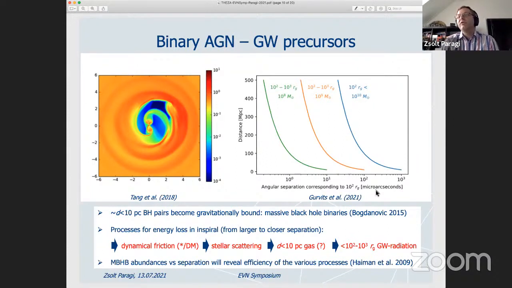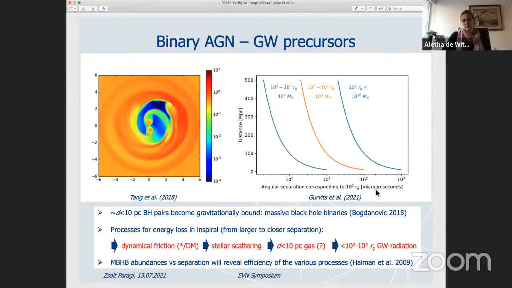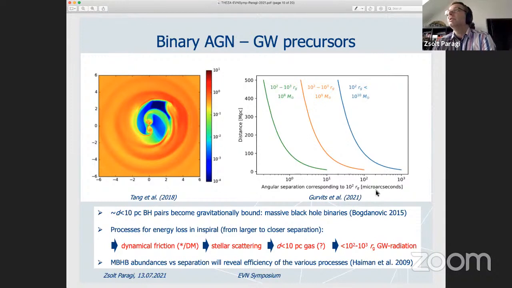And finally, at a few hundred to 1,000 Schwarzschild radii gravitational radiation starts to kick in. And that's the regime where we start to see gravitational waves with LISA. Now, this particular range could possibly be resolved with a space VLBI interferometer. And on the right-hand side, you see different lines for different mass ranges, and depending on the distance, what kind of resolution you would need to separate these black holes.